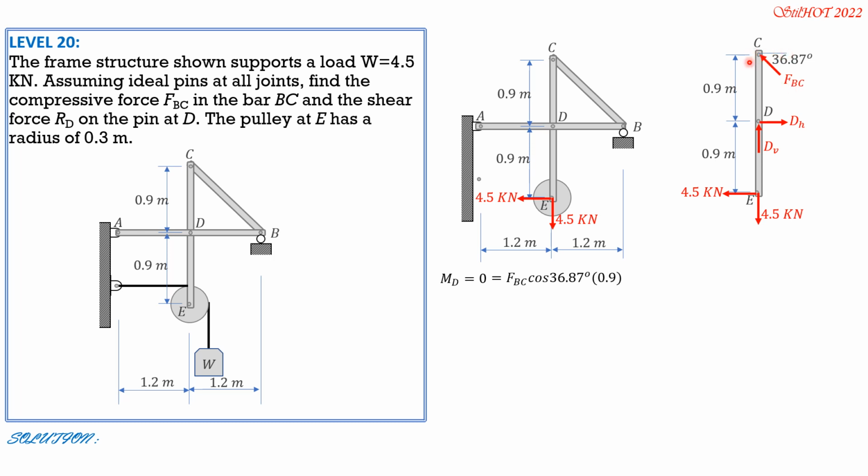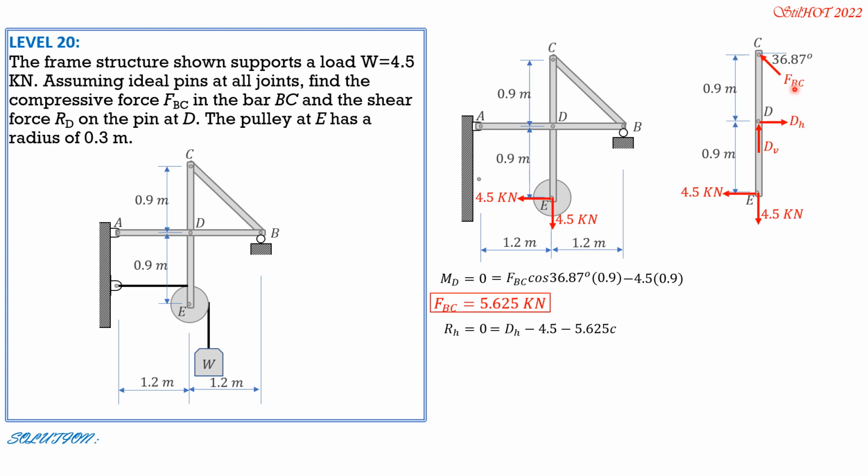Then the moment arm is 0.9, then minus this 4.5 here times 0.9. Cancel 0.9. So FBC is 4.5 over cosine 36.87, and that is 5.625 kilonewtons. So it is a compressive force as shown in the figure.